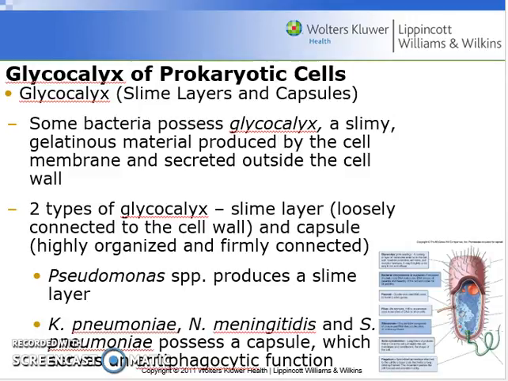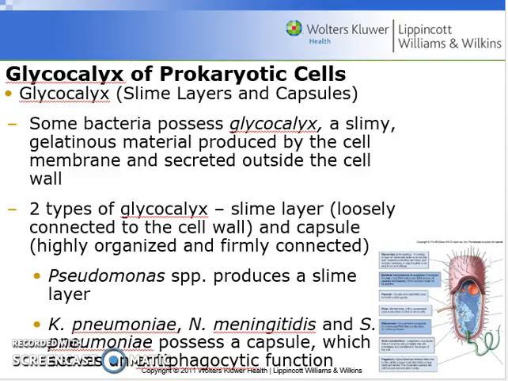There's two types. You have a slime layer and you have a capsule. The slime layer does not have as much structure to it as the capsule does. The slime layer is very loose and it's affixed to the cell wall. The capsule is going to be more organized and more structured, and it's going to be firmly connected to the outside of the cell wall.